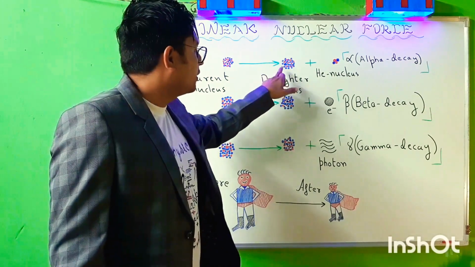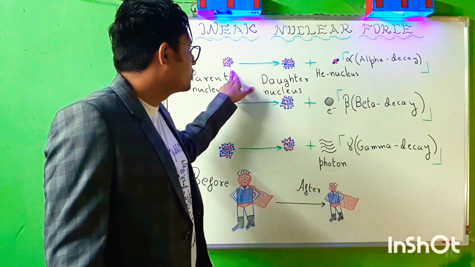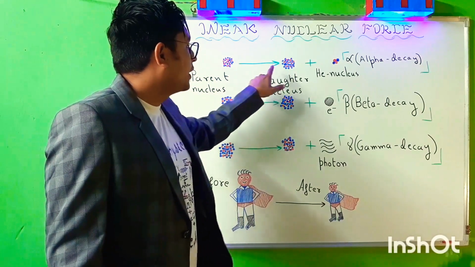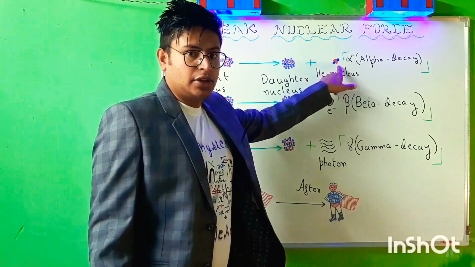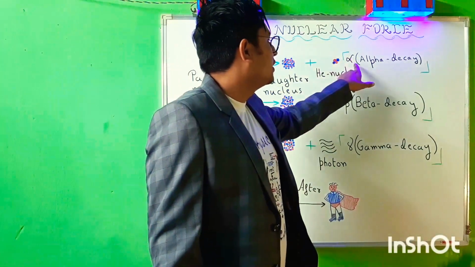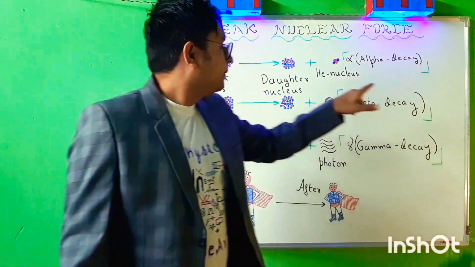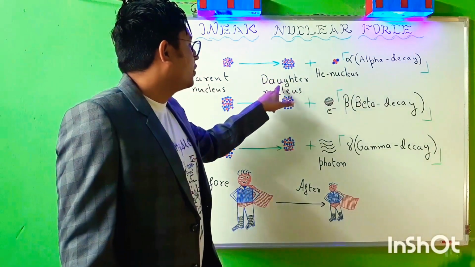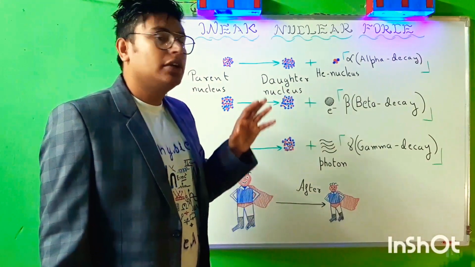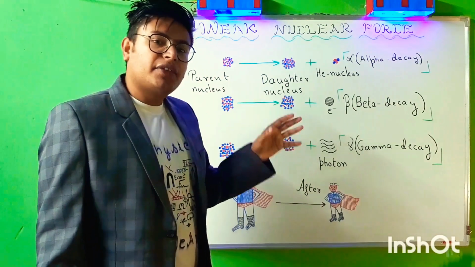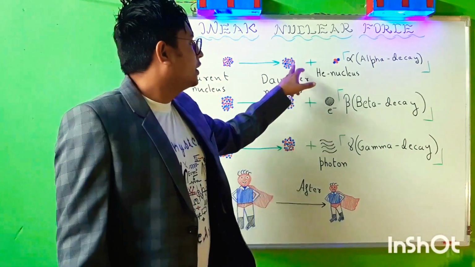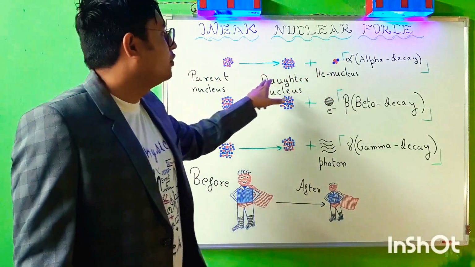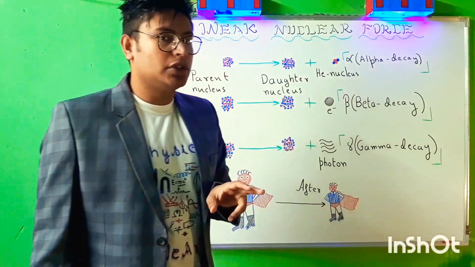After the decay has taken place from the parent nucleus, we have the daughter nucleus plus a helium nucleus. A daughter nucleus is the nucleus left after the decay. So in alpha decay, we have a daughter nucleus and a helium nucleus.